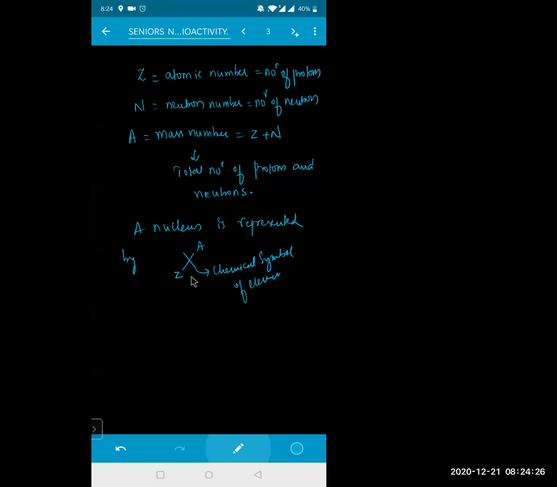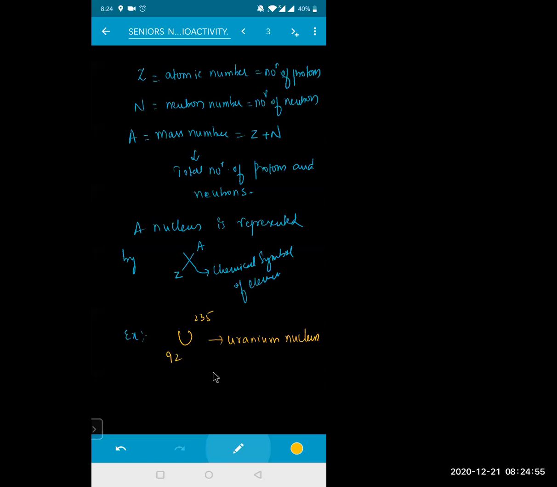For example, if I write uranium 92, 235, it represents the uranium nucleus, which contains 92 protons and 143 neutrons.